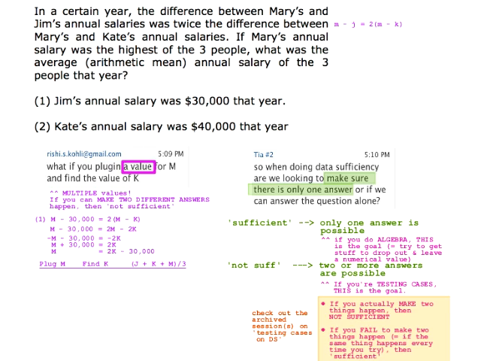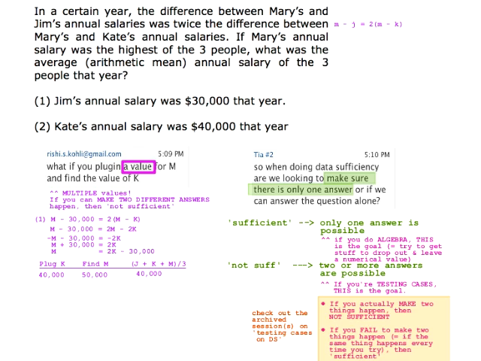But you got to know that you need to test multiple cases here, which is pretty much what you have to do when you test cases. You got to plug in things that are more than 30,000. Actually in this case, it would be plugging in K and finding M, in terms of K. So K is still more than J. If K is 40,000, then M is 80,000 minus 30,000, so that's 40,000. 120,000 divided by 3.